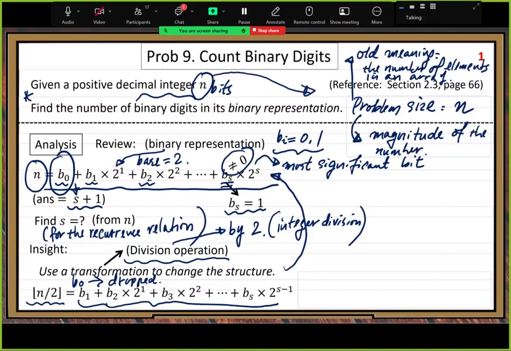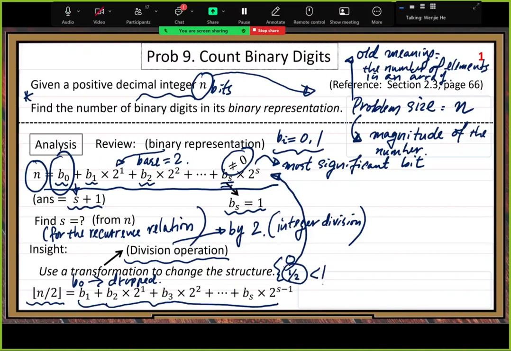Because only 2 cases. That B0 part, only 2 cases. The first case is 0. B0 equals to 0. Division by 2 also 0. Second case, 1/2. Nothing to drop in the first case. 1/2, this case, less than 1.